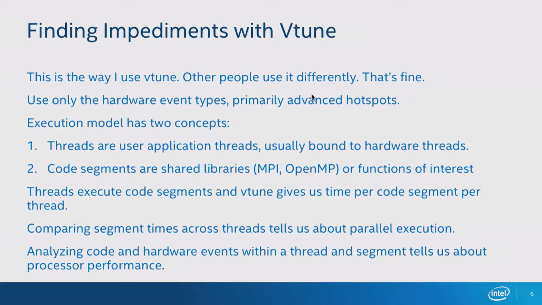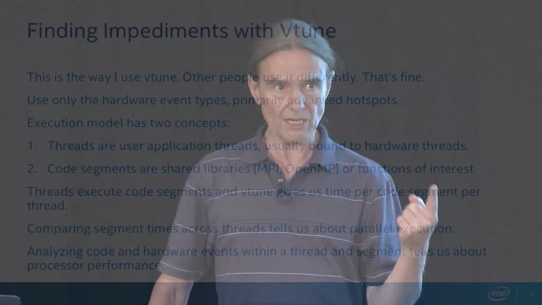Again, I want you to think in terms of a simple model of the machine. So threads execute code. A thread can be an OpenMP thread. You can run one MPI rank with no OpenMP threading at all, in which case a thread is just a single process. It doesn't really matter. As far as I'm concerned, a thread is an execution unit. It's something that runs code.